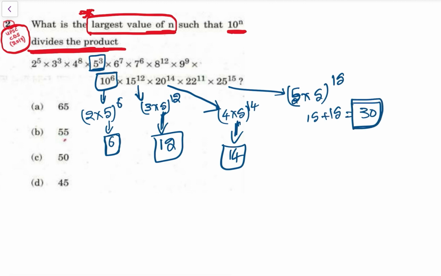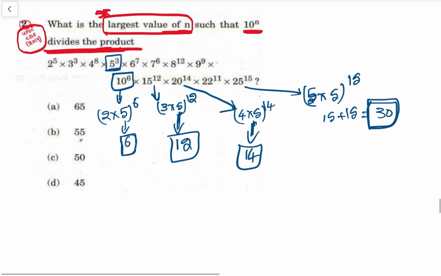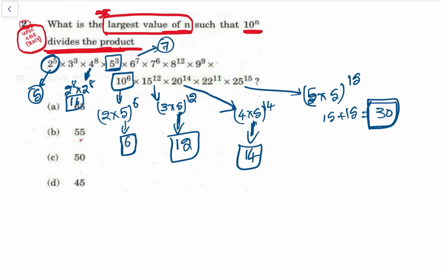Now let's look at twos. How many twos? 4 to the power 8 is 2 to the power 8 into 2 to the power 8, that is 16 twos. And 6 is 2 into 3, so 7 twos here. Let's add the twos: 5 plus 16 plus 7.